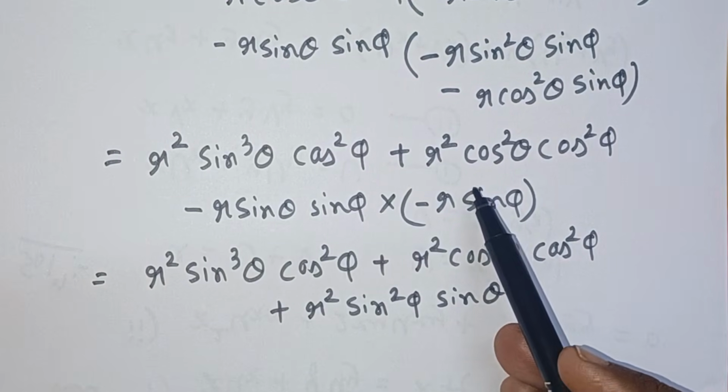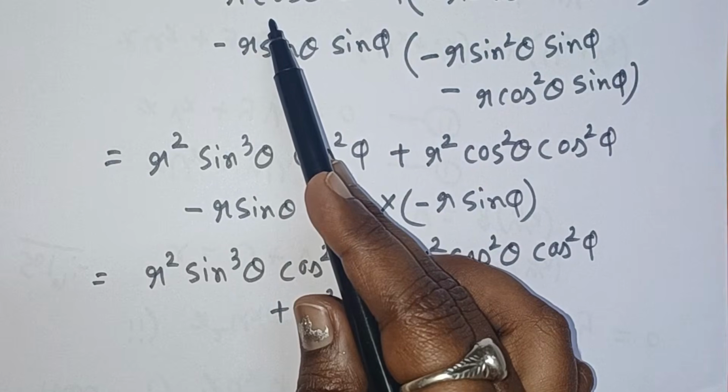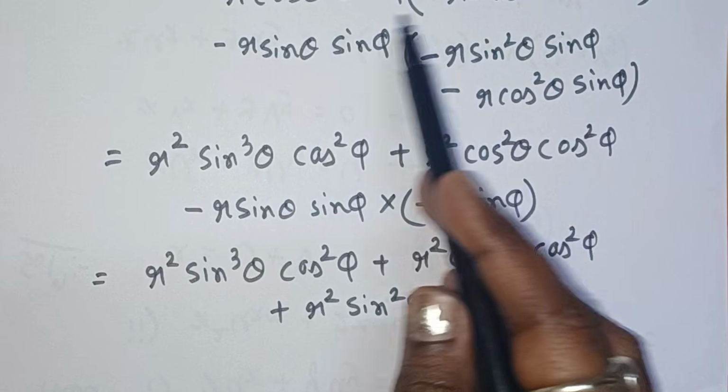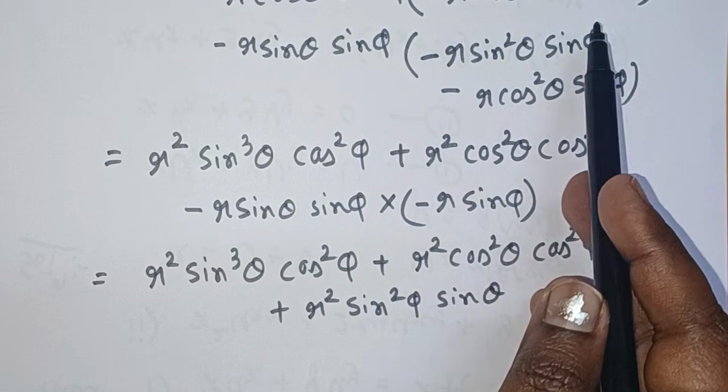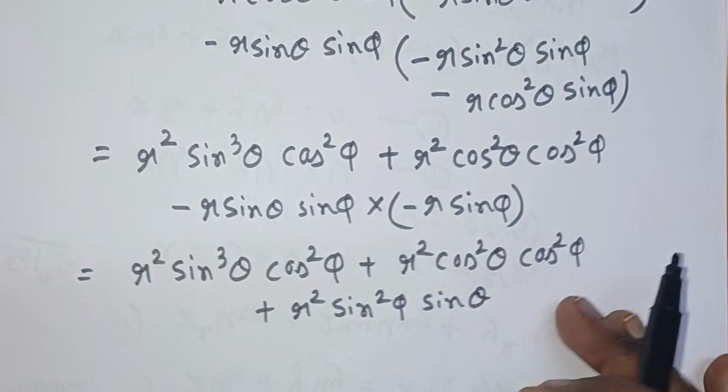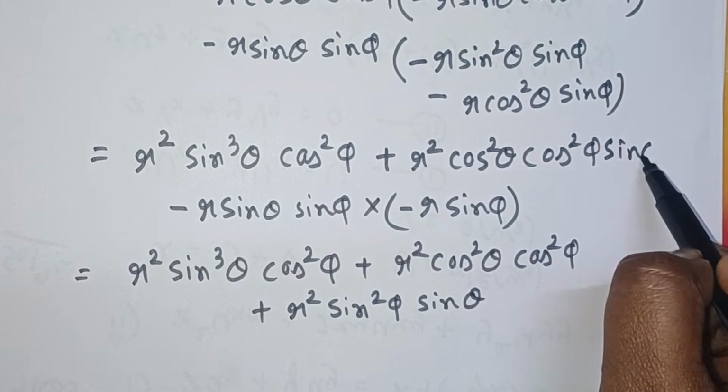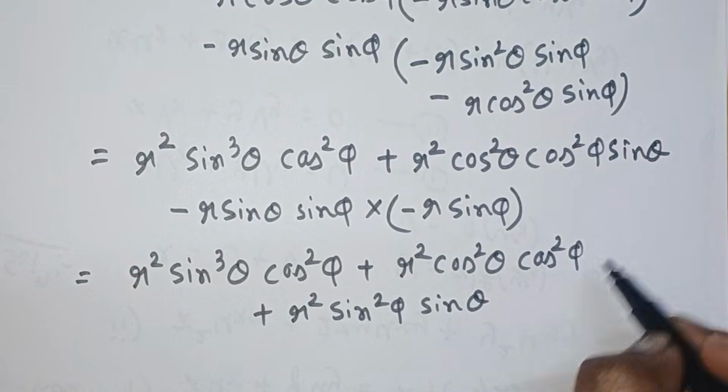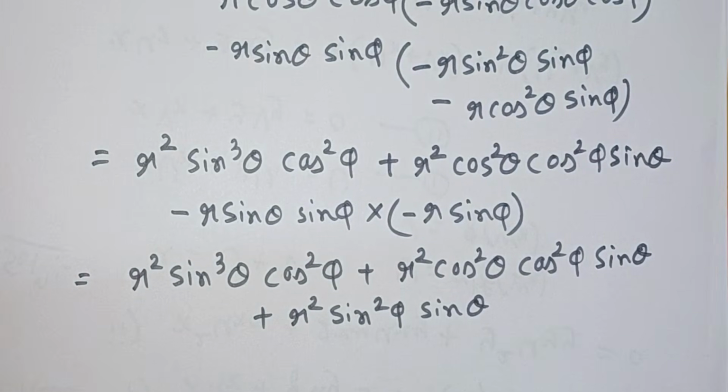Now one more thing, I think I have made a mistake in this calculation. Okay, this will be r square cos square theta cos square phi and 1 sin theta will be there. So 1 sin theta will be in this term.